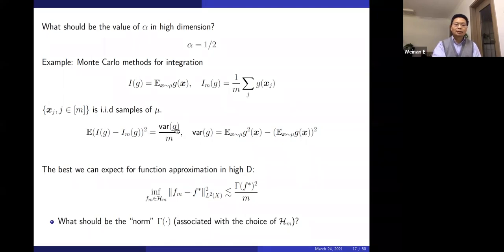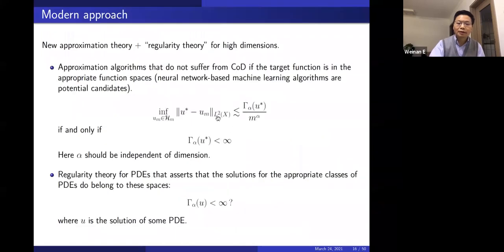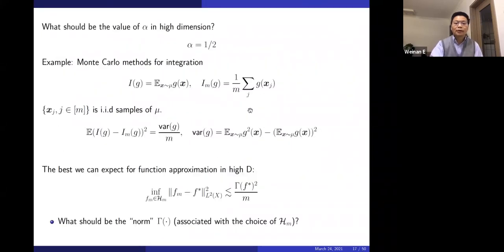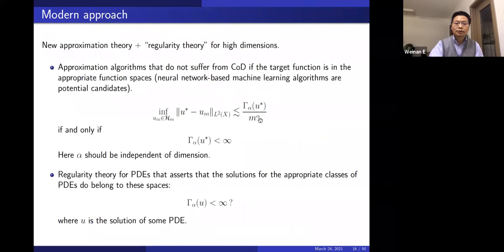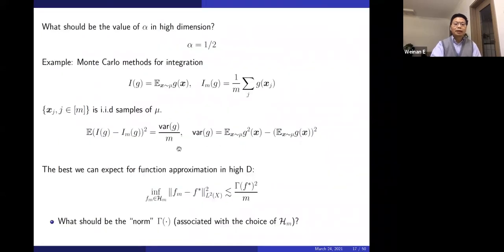And this is like our gamma, this is like our gamma of alpha. So if you compare these two, you see that alpha should be half. It's 1 because there's a square here. So alpha should be half because we can't expect function approximation to have a better rate than Monte Carlo. If you have a better rate here, we can improve this integration scheme.